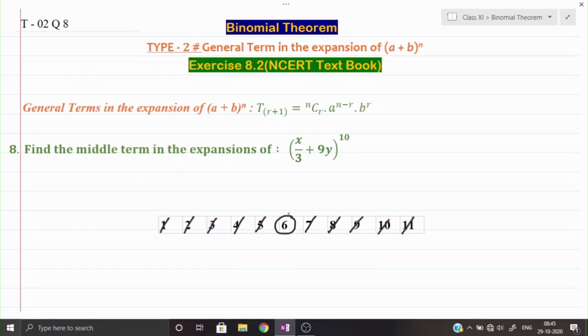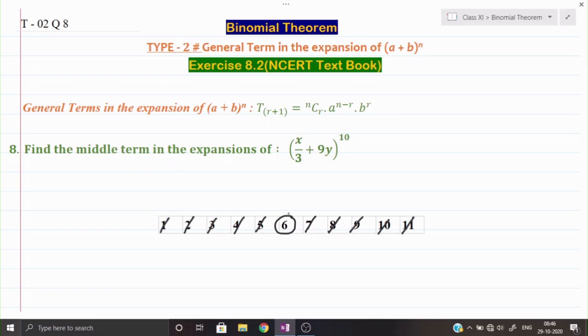You need to remember only one thing: when the number of terms is odd, the middle term is only 1, and when the number of terms is even, then there are 2 middle terms. It doesn't depend on the power, because the power doesn't indicate the total number of terms. The total number of terms will always be one more than the power or index given in the question.